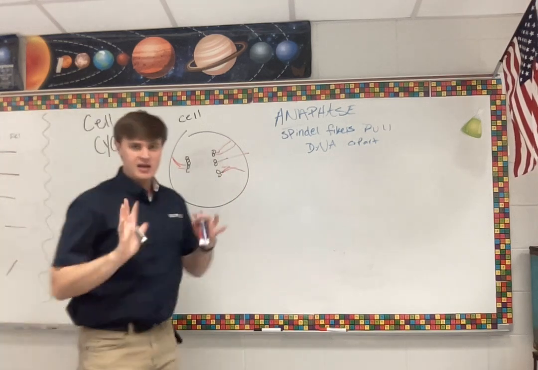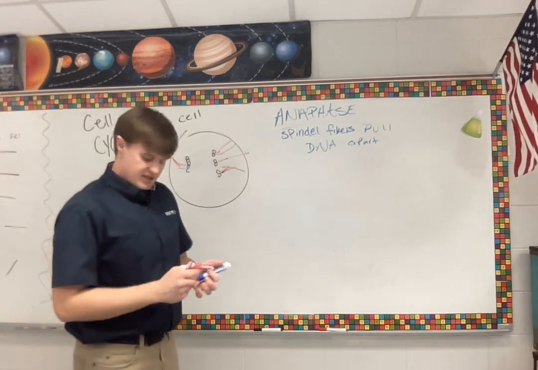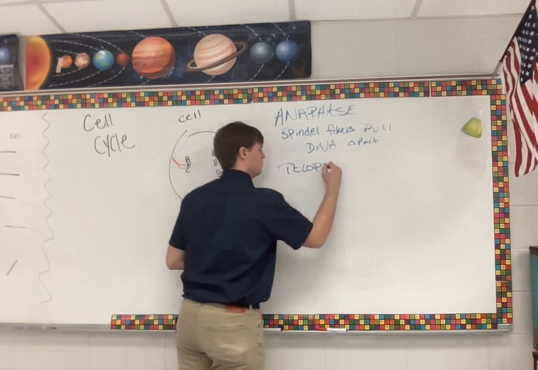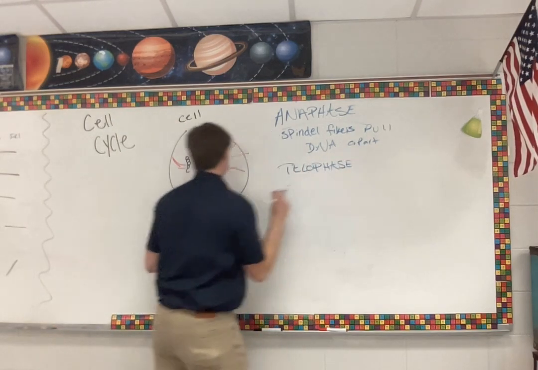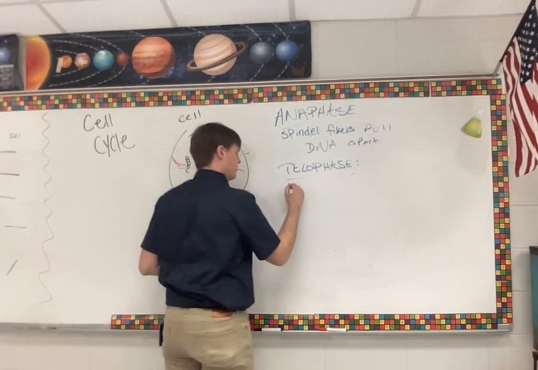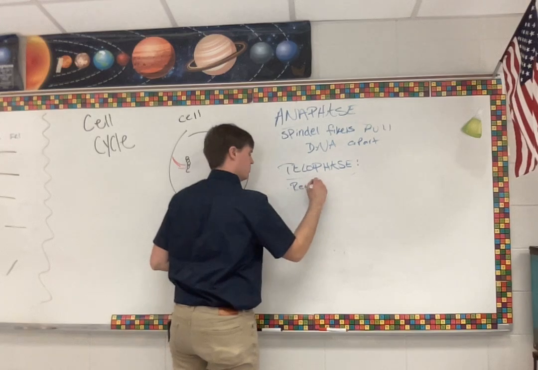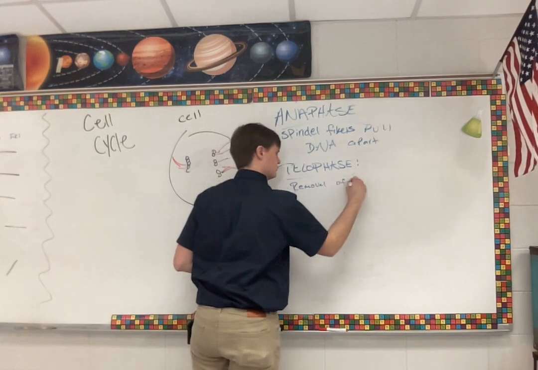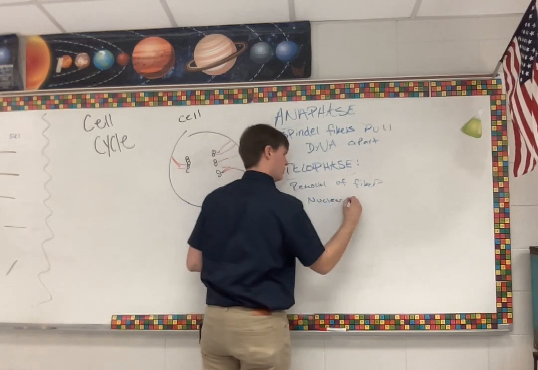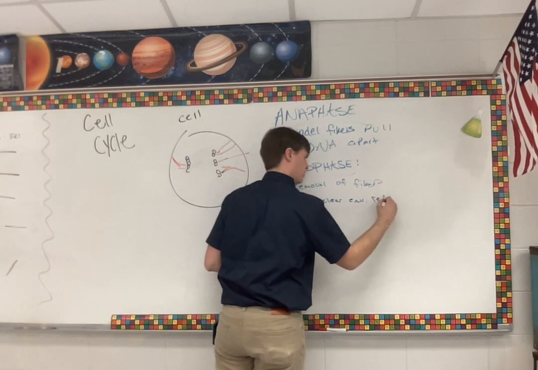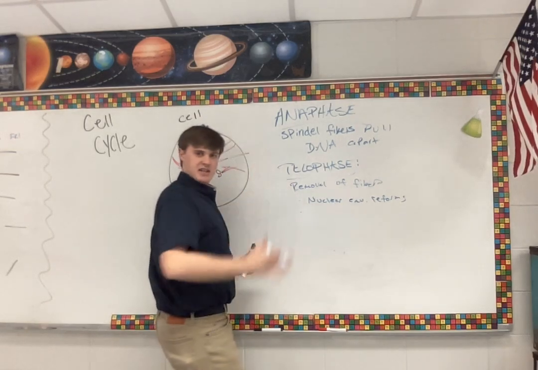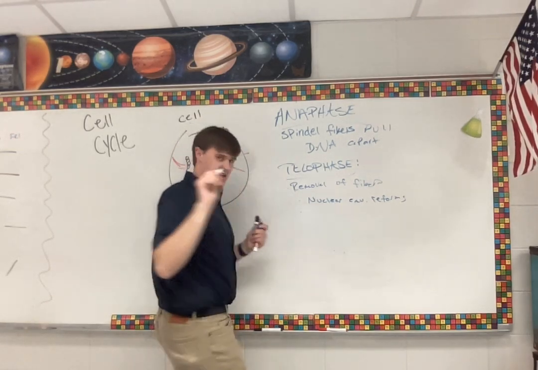Okay, now what happens is telophase. In telophase, the spindle fibers take themselves off of the DNA, and the nuclear envelope reforms, and a split in the cell starts to happen, which is for the next step.